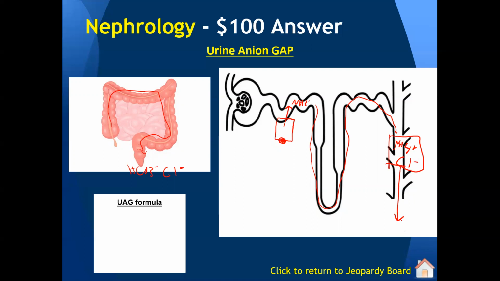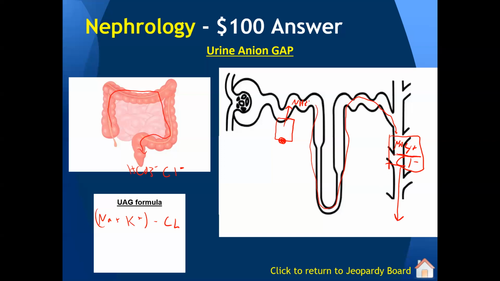So what does that do to your urine anion gap? The urine anion gap formula is sodium plus potassium minus chloride. In someone who is having an appropriate renal response and their kidneys are working, they're going to have an extreme loss of chloride.